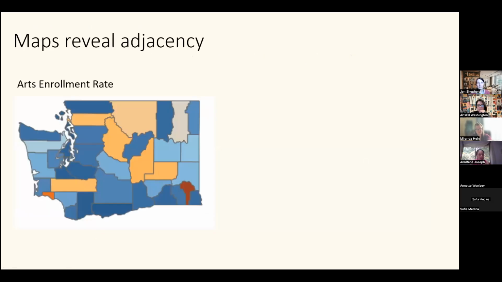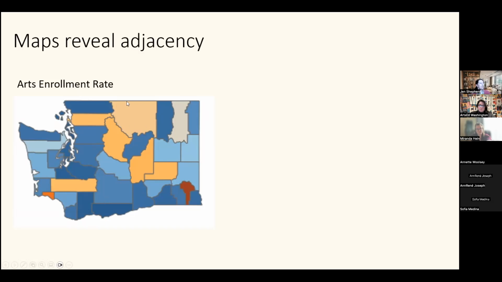The other thing I want to point out about maps, I talked about this a little bit last time in session 2, is that even though you might have data that's a geographical unit, like a district or a county, you may not necessarily want to represent it in map form. But the reason you might want to show it in map form is for things like this, where you can see, do we have some sort of pattern happening in our state? So if this were just a list of counties with their arts enrollment rate, you could see that this one was the lowest and this one was on the lower side.